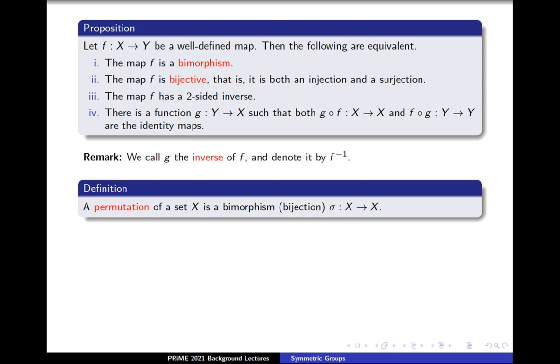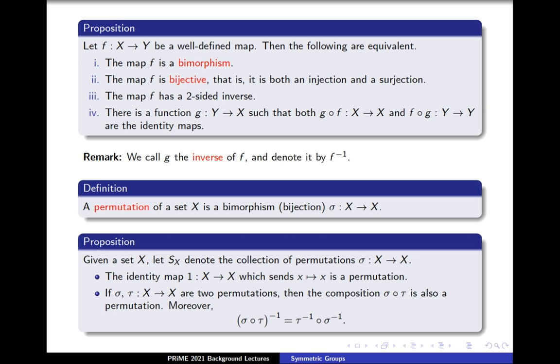Recall that a permutation of a set X is a bimorphism or bijection sigma from X to X. Then we have the following proposition. Given a set X, let S sub X denote the collection of permutations sigma from X to X. The identity map from X to X, which sends each little x to itself, is a permutation.